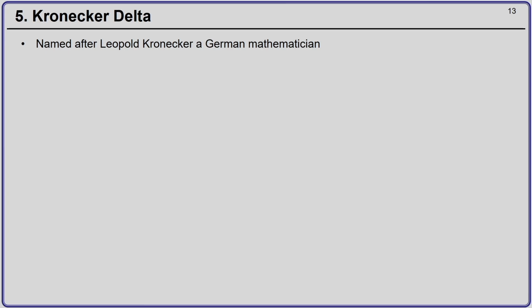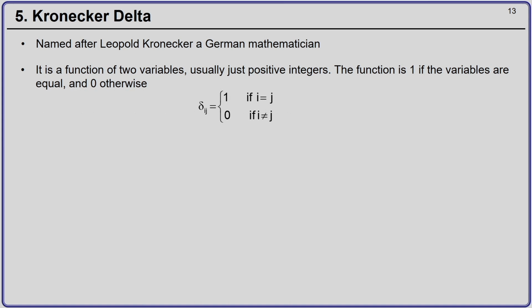Okay. The next concept that we look at is called the Kronecker delta. It is named after the German mathematician Leopold Kronecker, and it is a function of two variables, usually just positive integers, and the value of this function is 1 if the variables are equal, and 0 otherwise.